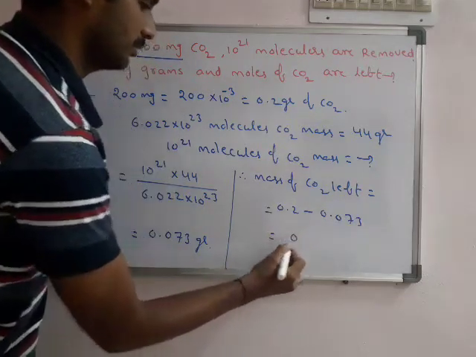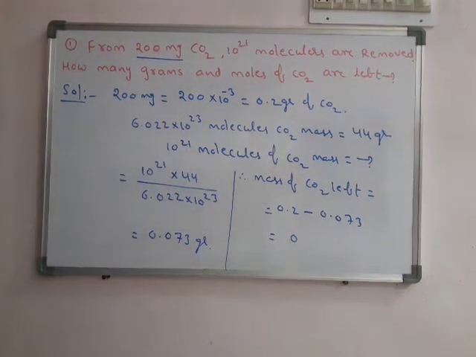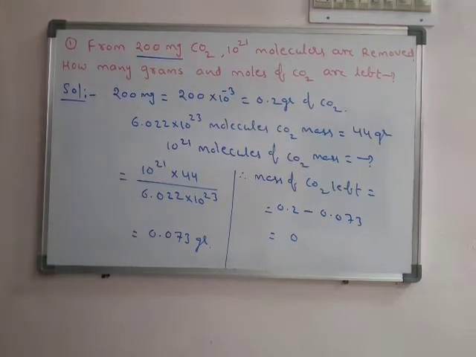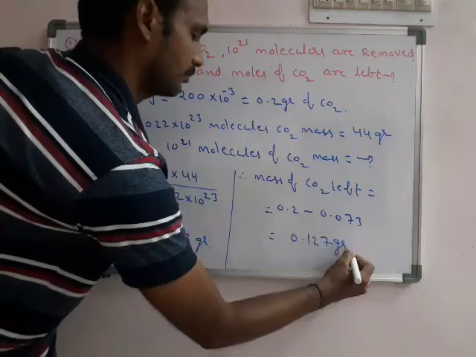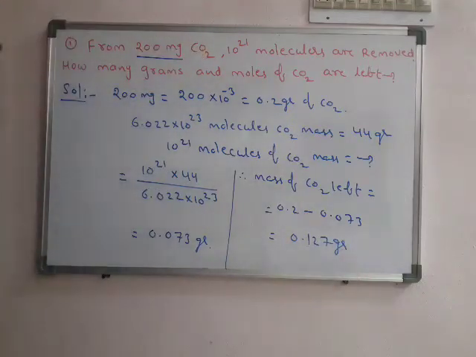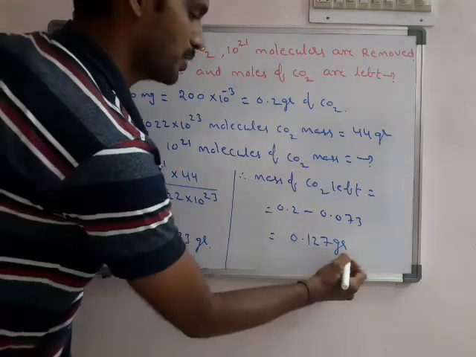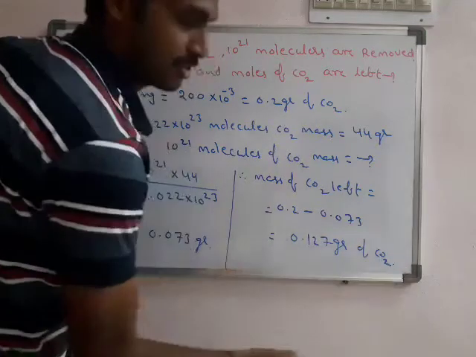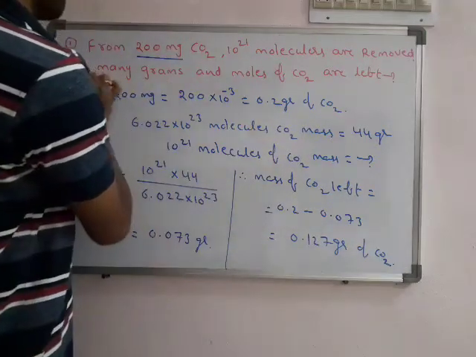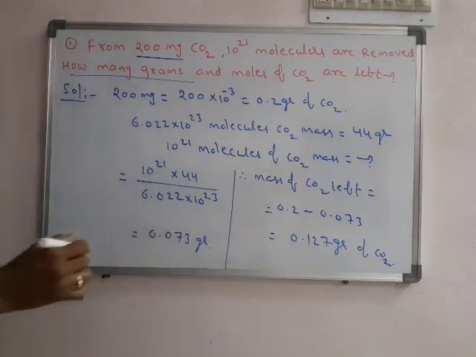Finally we got 0.127. Okay, means 0.127 grams of carbon dioxide is left. Okay, now we got how many grams of carbon dioxide are left.